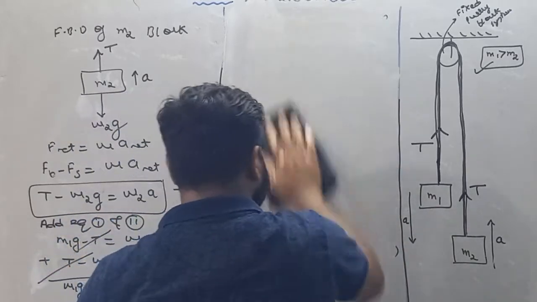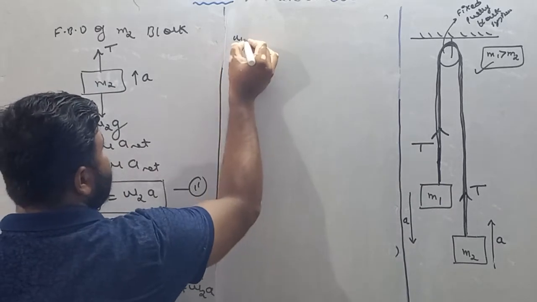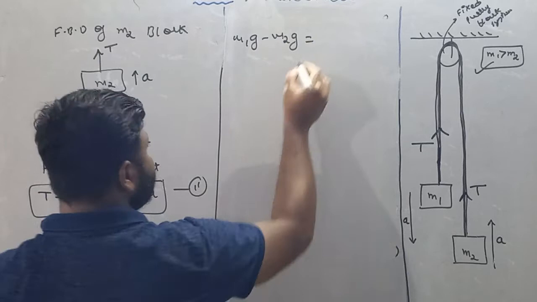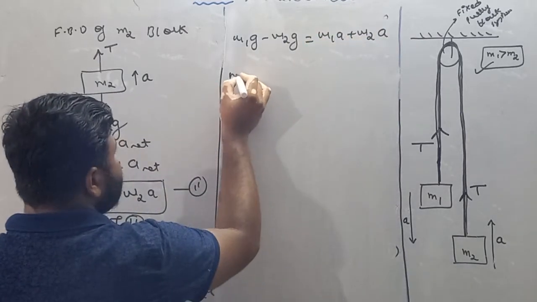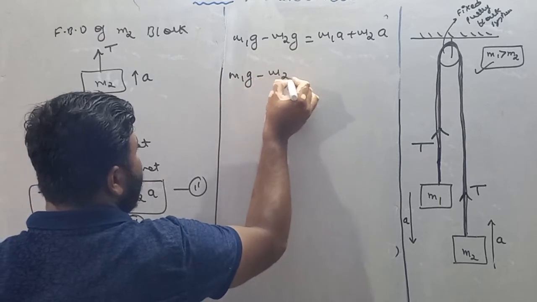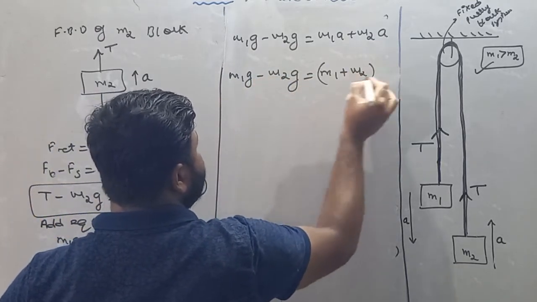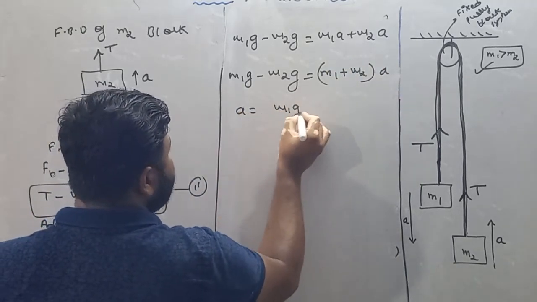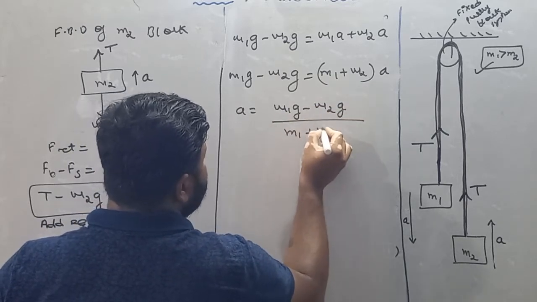So m1g minus m2g is equal to (m1 plus m2) into a. So a becomes equal to (m1g minus m2g) upon (m1 plus m2).